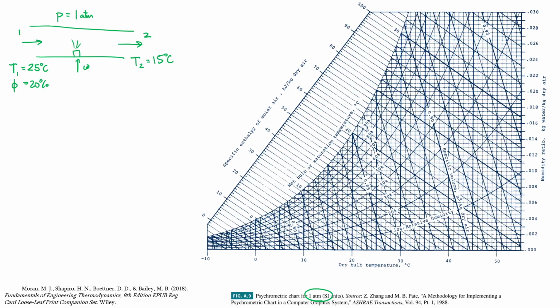So for this, I'm going to go ahead and start by going directly over to my psychrometric chart here, because almost everything I need to do is just following this chart. So initially, I'm told that I have a dry bulb temperature of 25 degrees Celsius down here, and I am told that I have a relative humidity of 20% right here.